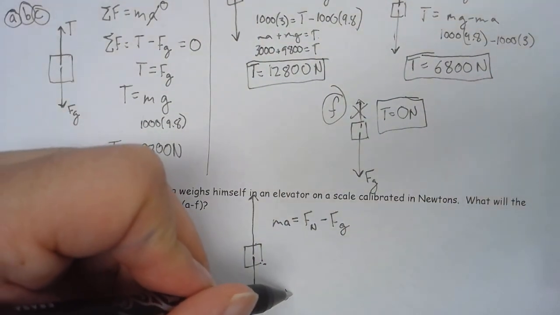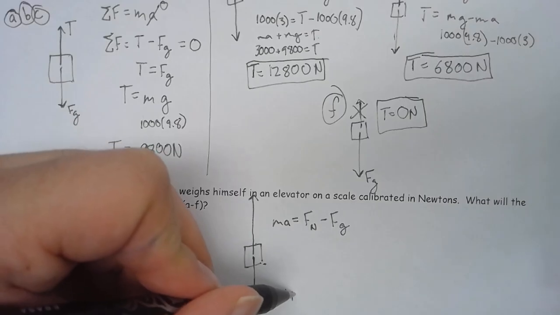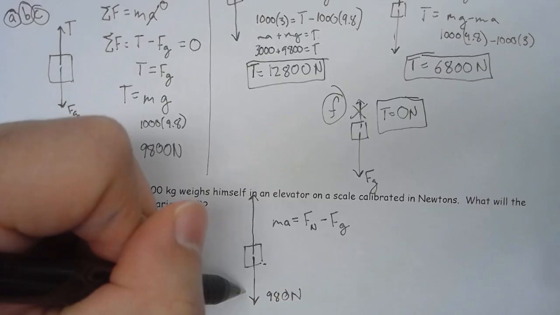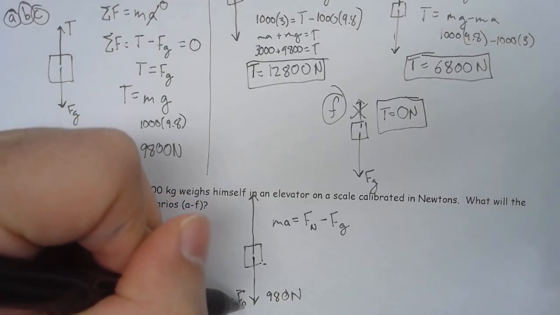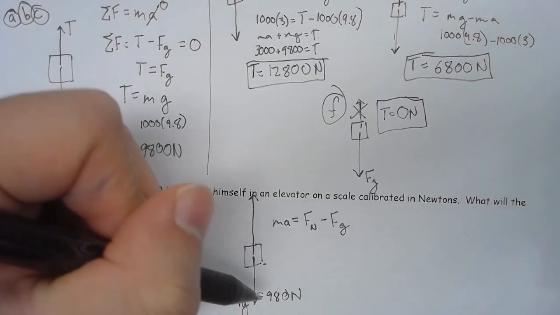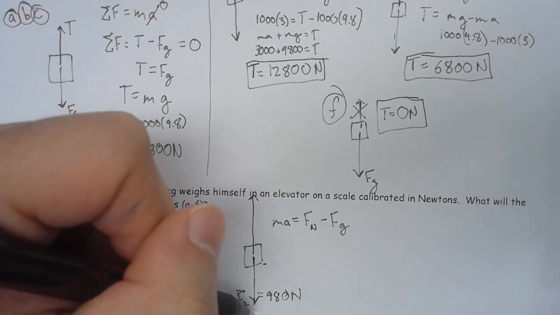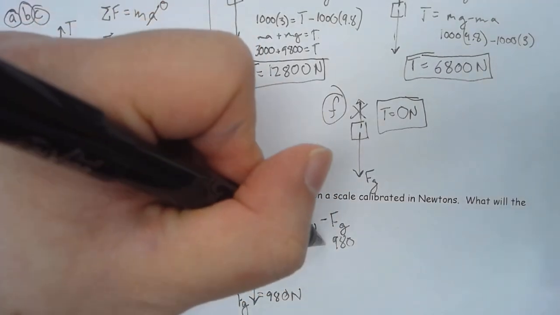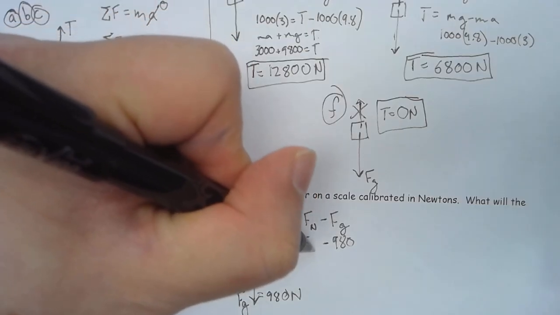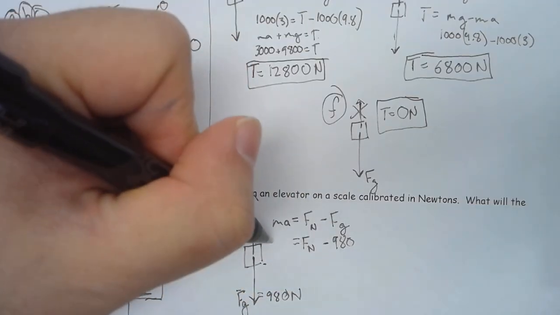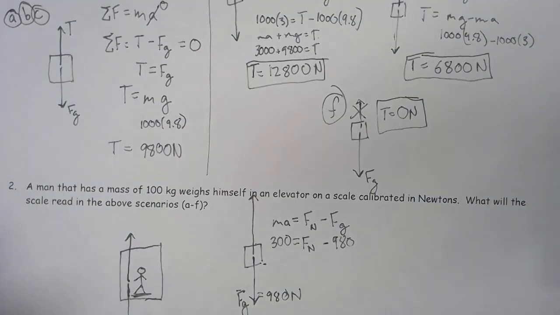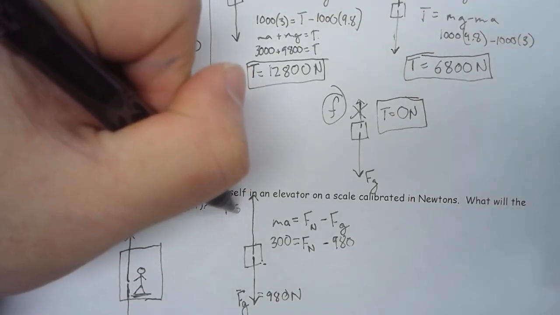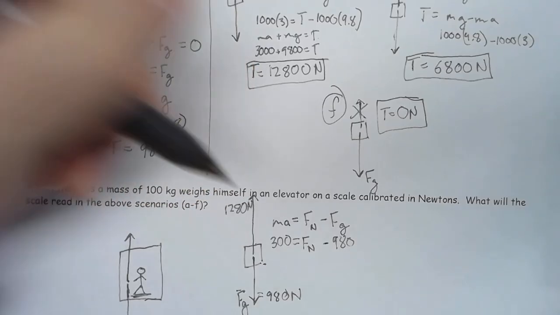The only thing that's changed is 10 times smaller for all the answers, and instead of tension, we call it force normal. I'm going to put force due to gravity right here because that's the gravity right here. But of course that means 980. That force normal will equal the 980 plus this 300 on this side. This up arrow is 1280. Alrighty, catch you on the flip side.